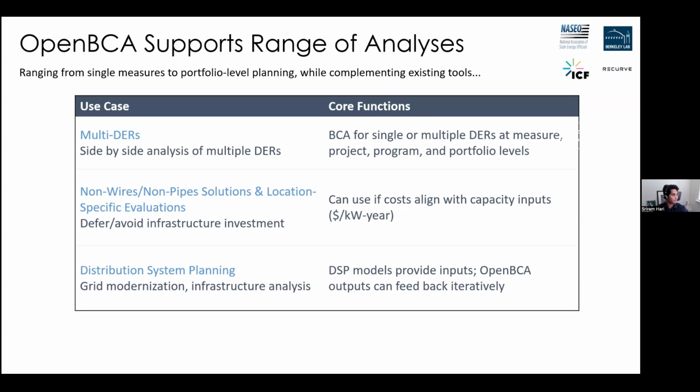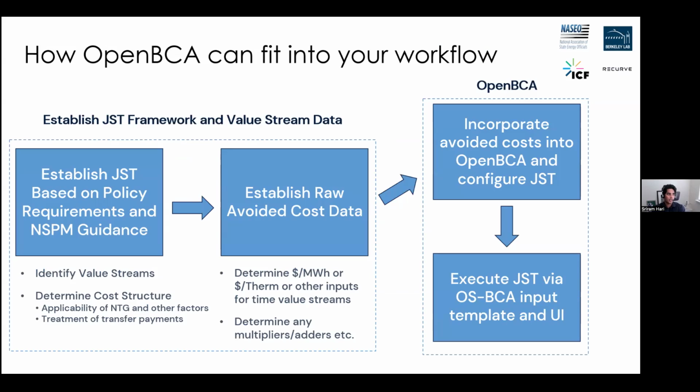Now, talking about how OpenBCA can fit into your workflow, I laid the slide out into two different boxes. The first is what needs to happen before you can use OpenBCA. And this is really where the development of a JST framework, either through a regulatory proceeding like a working group, where you identify what value streams or impacts are material for your jurisdiction or what reflects your regulatory policy goals comes into play.